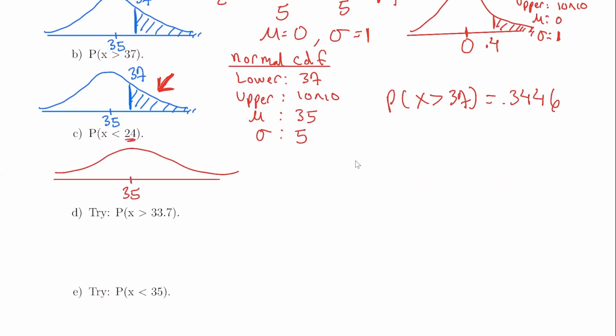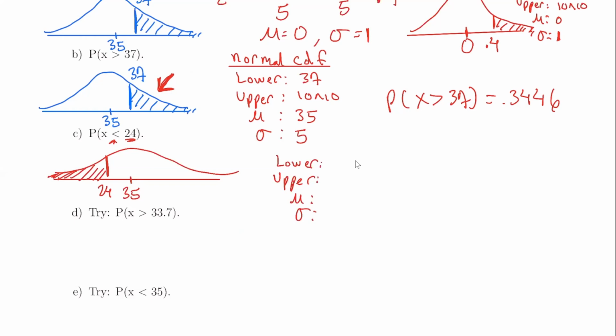If you look at 24, 24 is to the left of it. So you shade the left side because it says less than. So we're gonna go ahead and do the lower, upper, mu, and sigma.